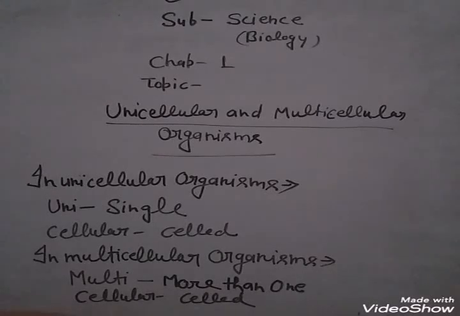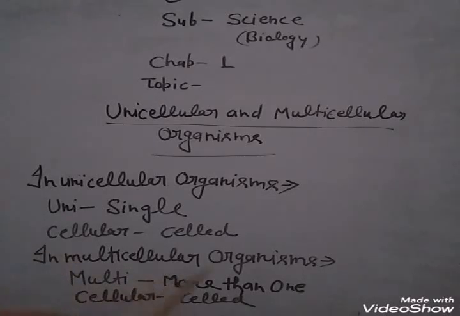All activities are completed by a single cell, but there are no well developed systems as in human beings, who are higher animals. For example, amoeba, paramecium, euglena are unicellular organisms.